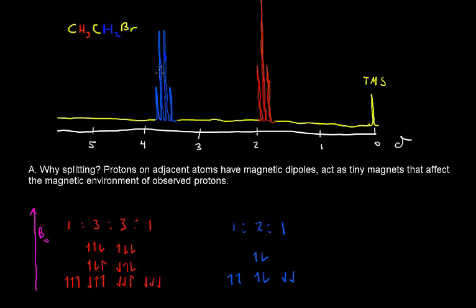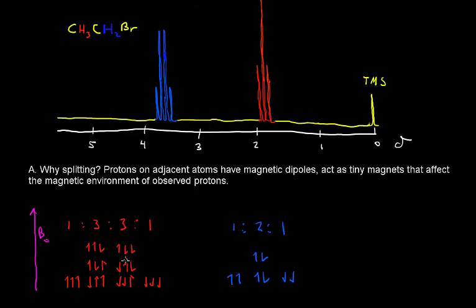Now the two central ones here, notice, are bigger. The ratio here is 1 to 3 to 3 to 1. In one case, we have two protons aligned with the applied magnetic field and one against, and in the other, two protons aligned against the field and one with, and there are three possible orientations for both of those situations.